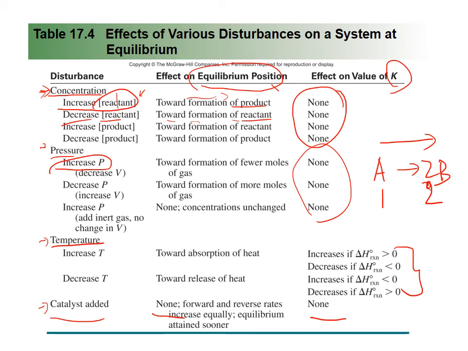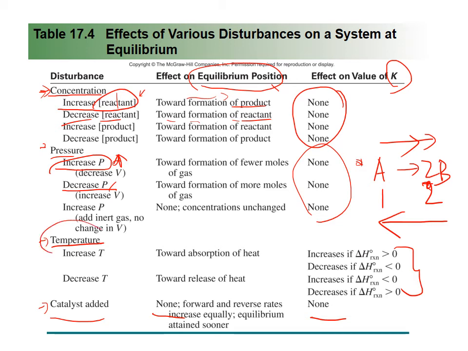So if you increase pressure as a disturbance, then for this reaction it goes reverse, because this will reduce the number of molecules, which will reduce pressure and counteract the increase of pressure. Similarly, if you decrease pressure, then for this reaction it will go forward, because this way will counteract the decreased pressure. It increases the number of moles, increasing pressure.